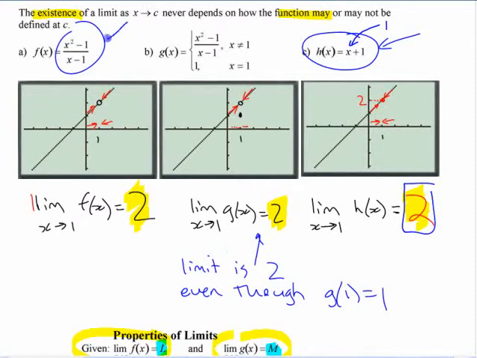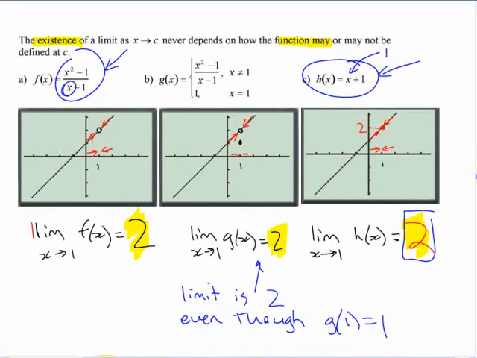The problem is for these types of functions, when you have problems subbing it in. If we want to know what the limit is here when x is 1, this is the problem. If we sub it in, we get divided by 0. We get 0 divided by 0.